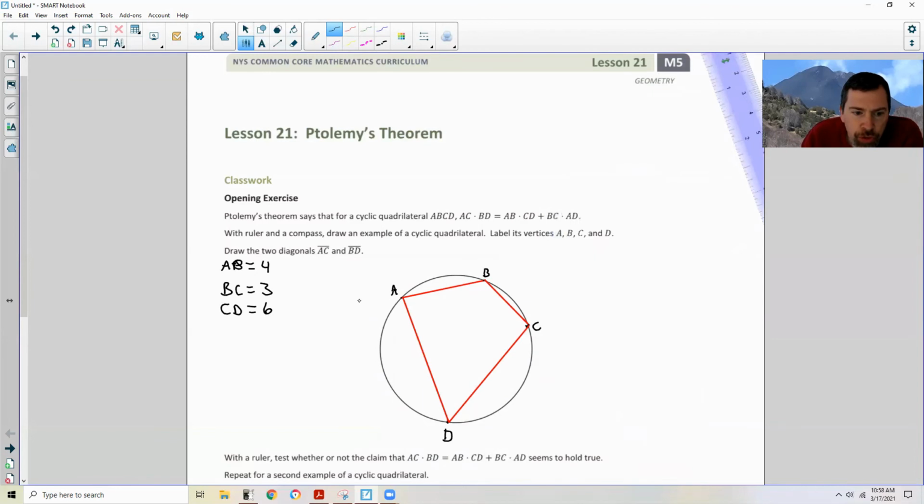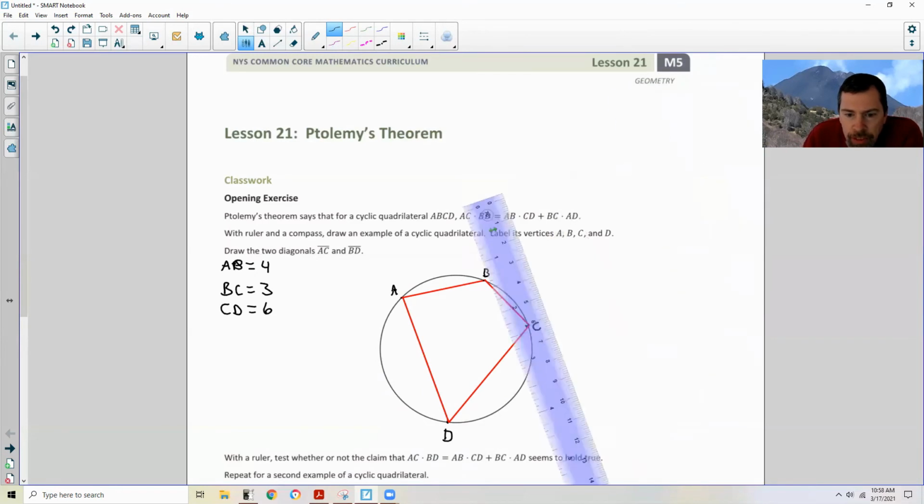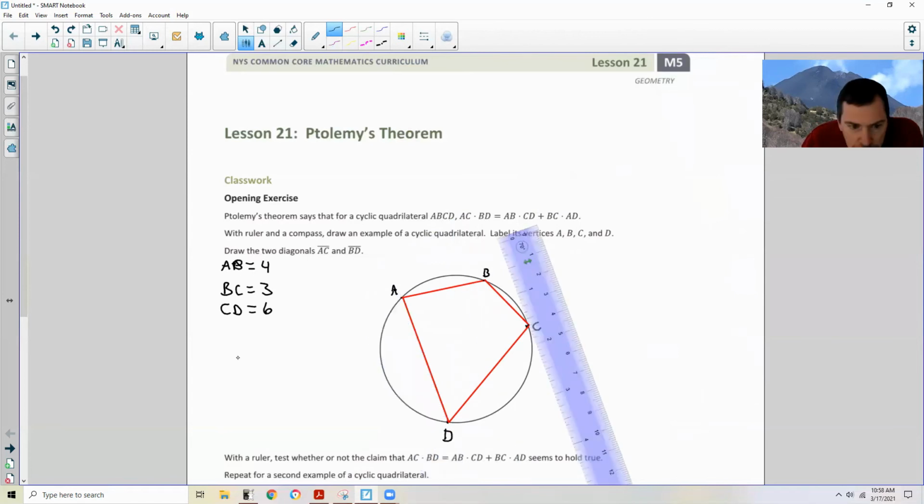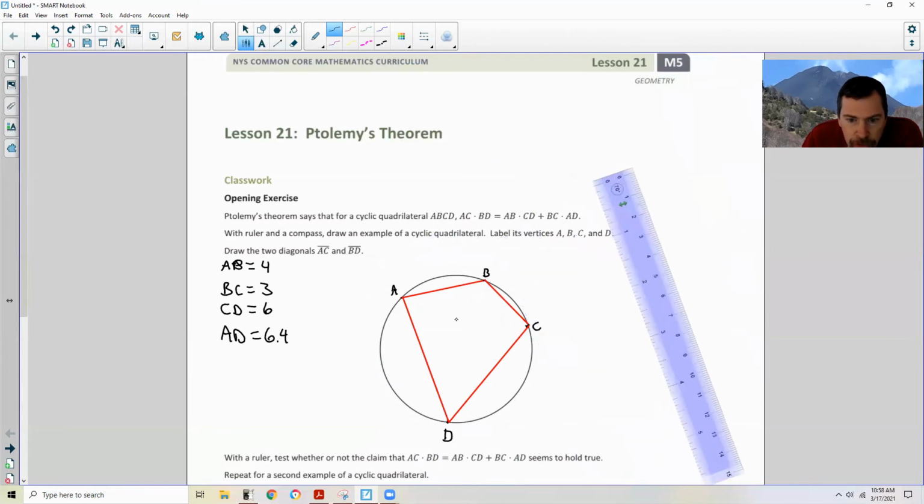Okay, and how long was AD? I forgot to say. All right, that one was not an integer, obviously. It looks like a distance of 6.1234. Let's call it 6.4. So AD equals 6.4. So AB was 4, BC is 3, CD is 6, and AD is 6.4.